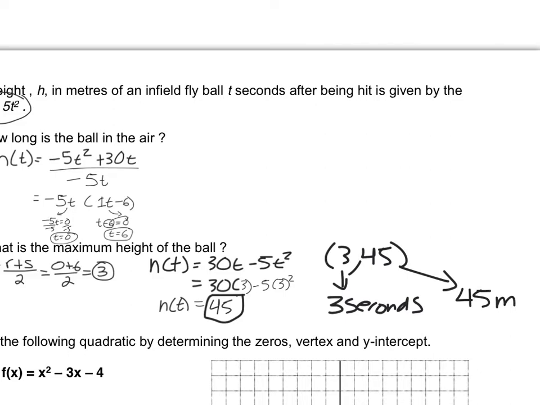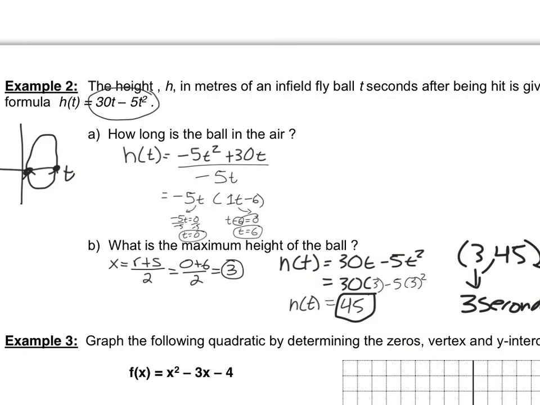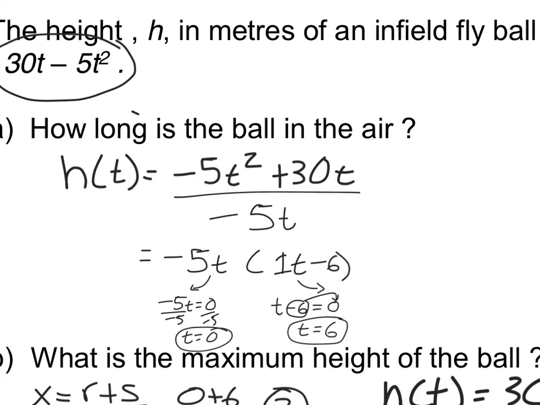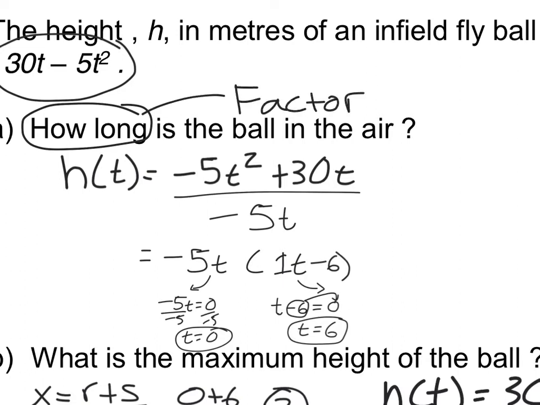So just as a quick recap of what we did in this question, we're basically understanding that with our word problems, if we ever see the words how long the ball is in the air for, or what is the time that the item is floating or above the ground, it is always asking me to factor and to find the x-intercepts.